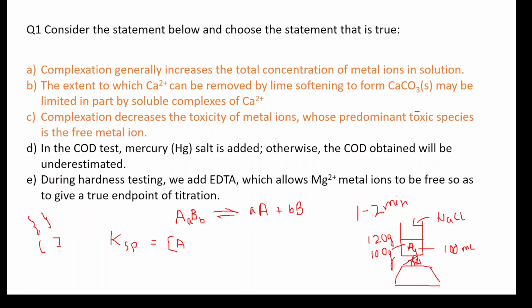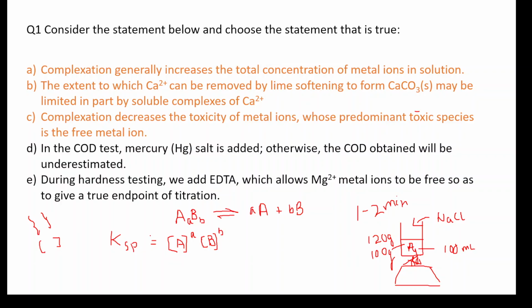So KSP will be A raised to the power a and B raised to the power b. This is KSP, the solubility product constant. Without precipitation, up to the KSP level, whatever A and B ions are there can be dissolved.